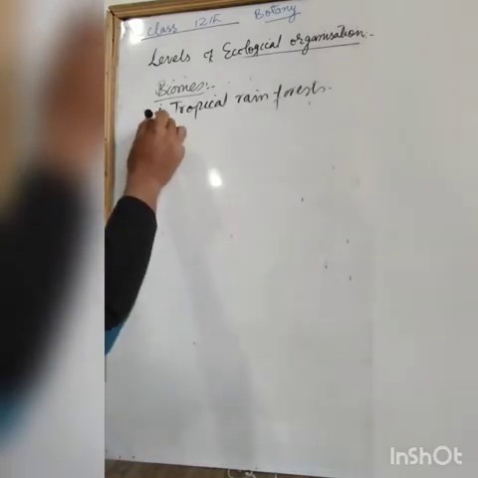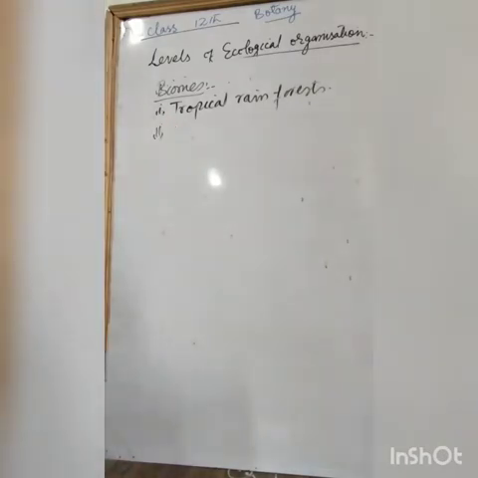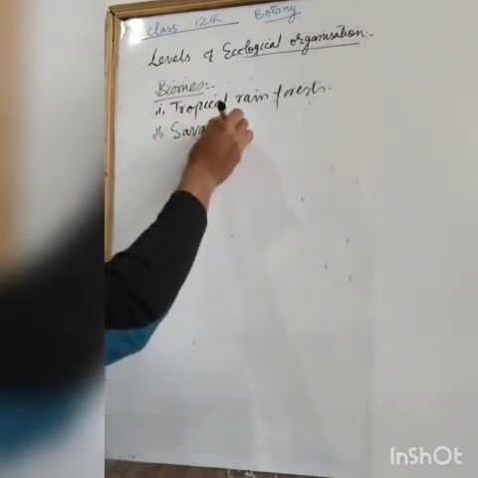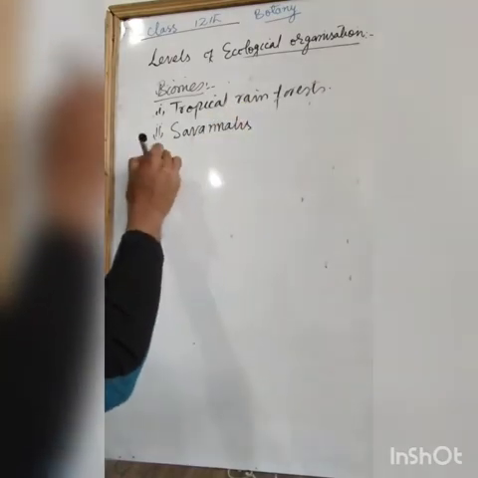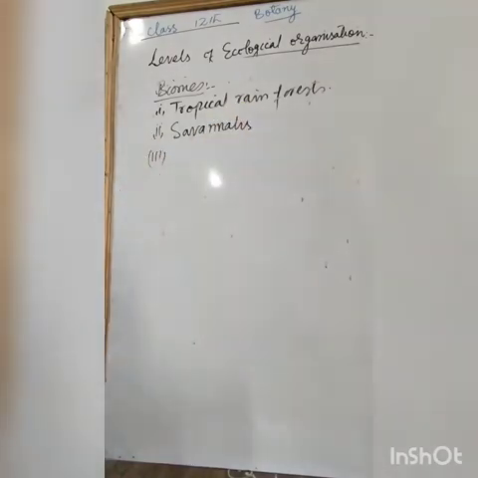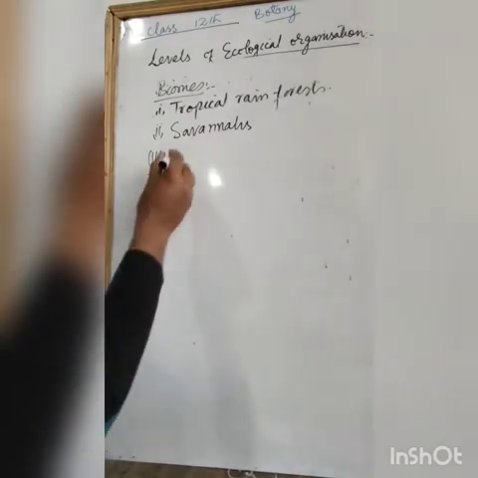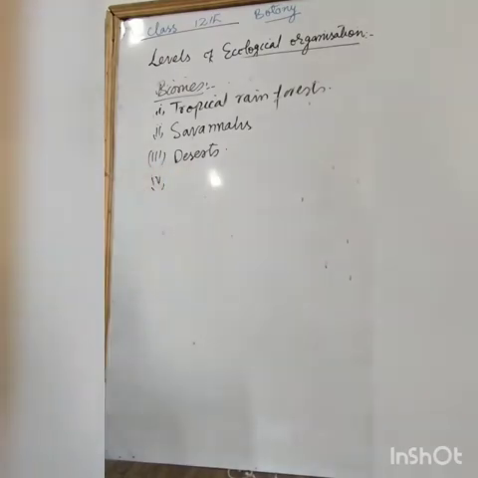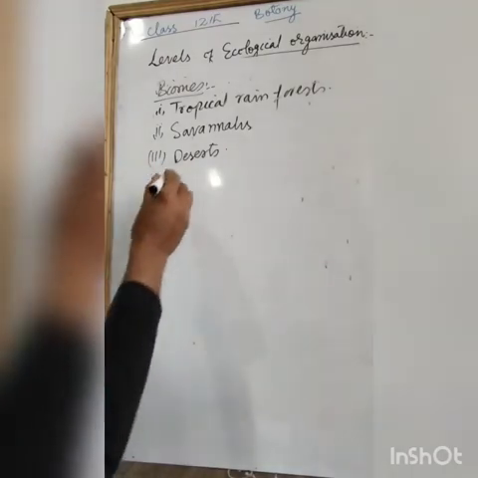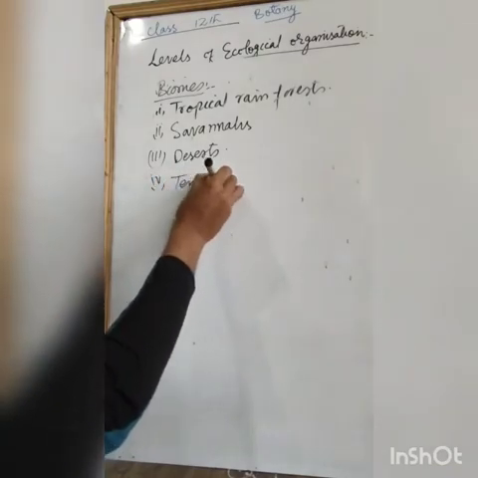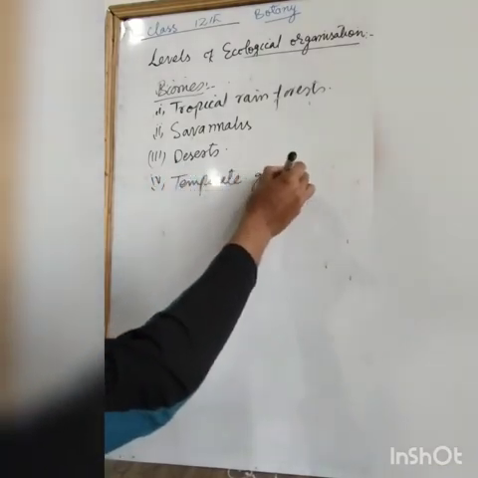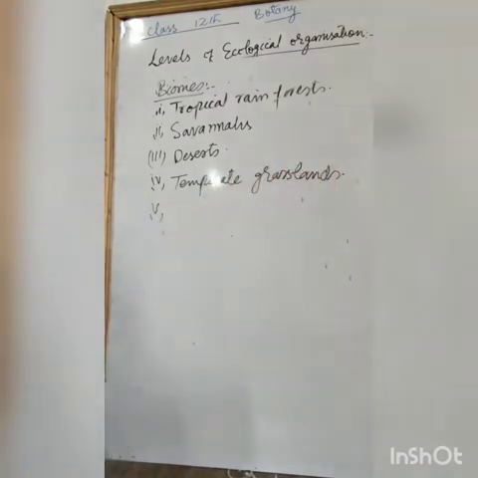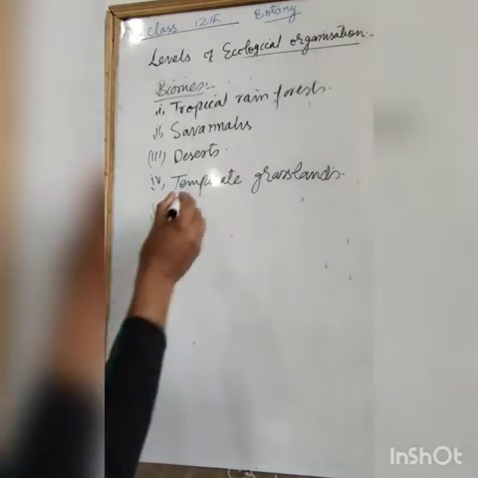There is another, those are called savannas. There is another, those are called the deserts. There is another, that is temperate grasslands. There is another, temperate deciduous forests.